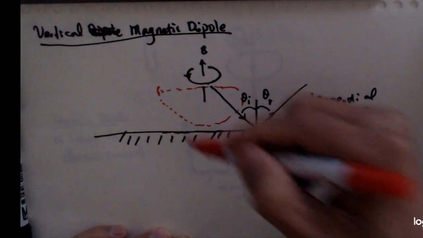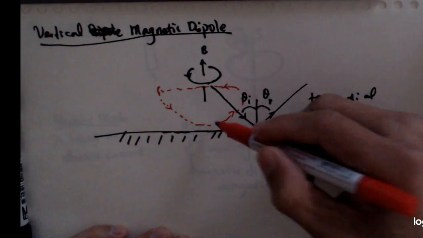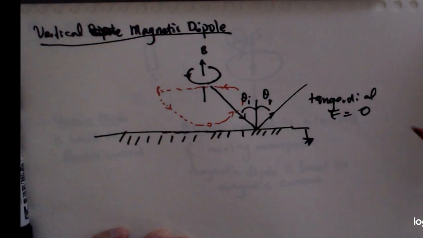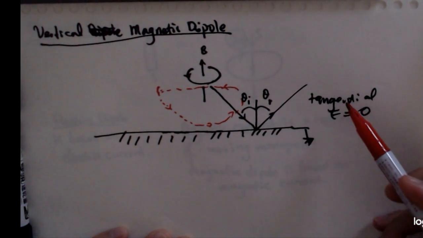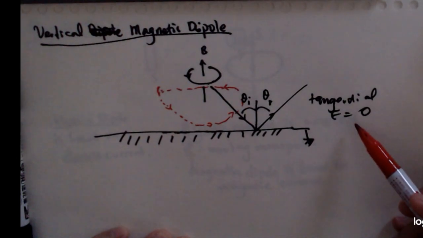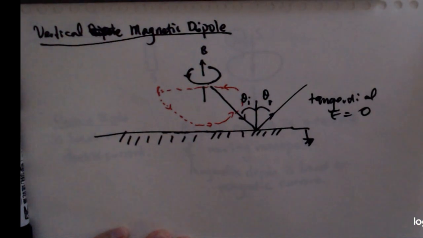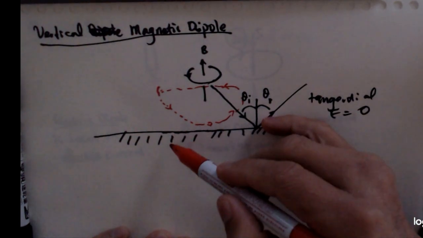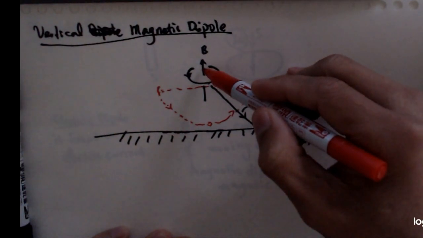So it will be circular on the ground plane, parallel to the ground plane. In order to produce a completely zero tangential electric field, what we need is to have another counterbalance current.